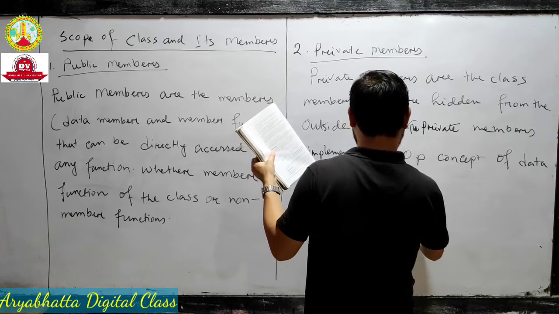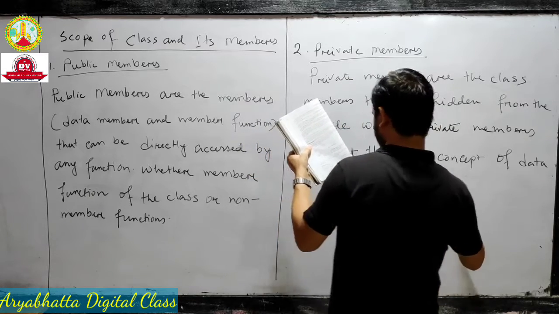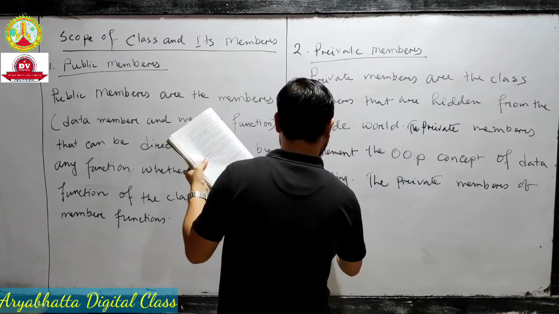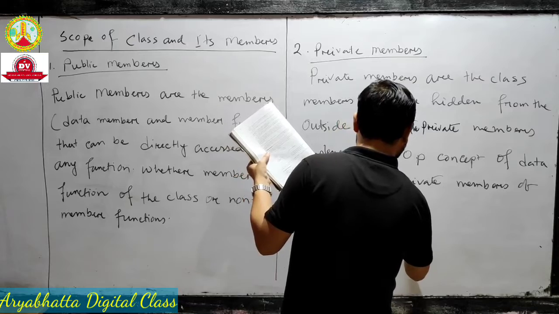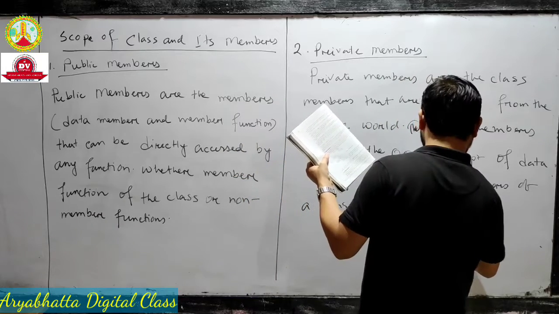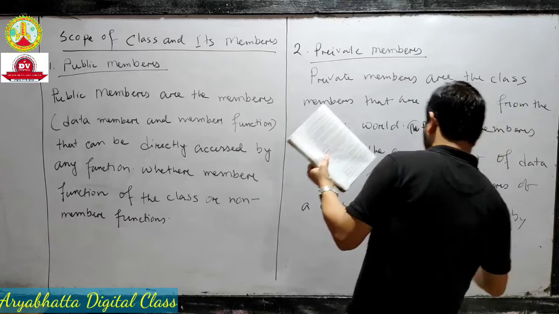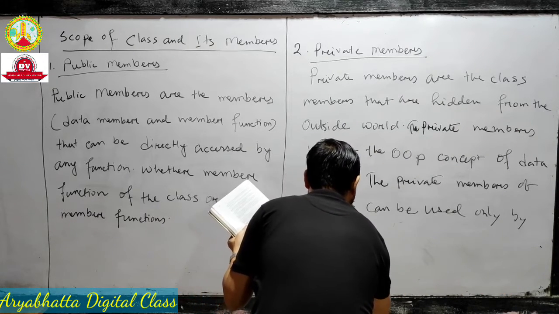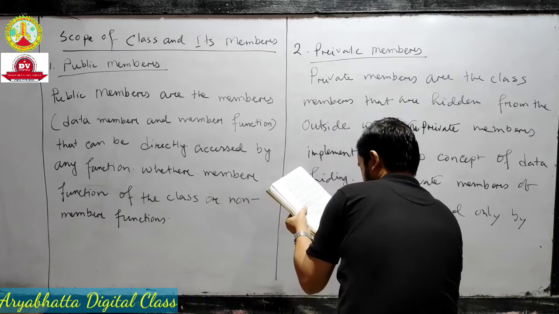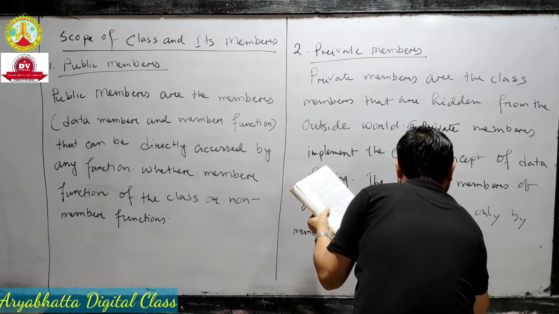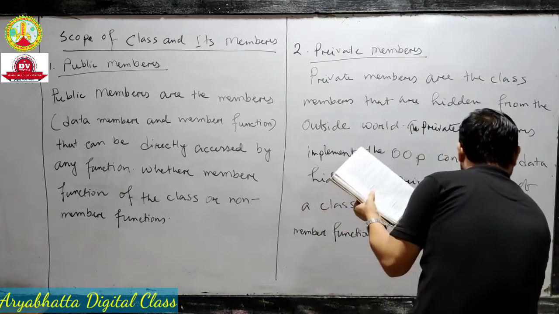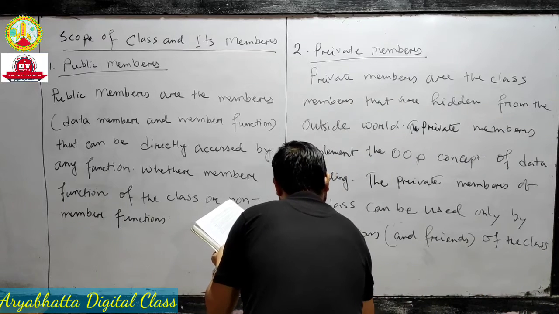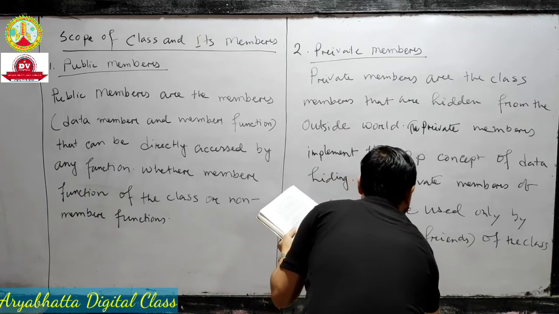And the last line is: the private members of a class can be used only by member functions and friends of the class in which it is declared.